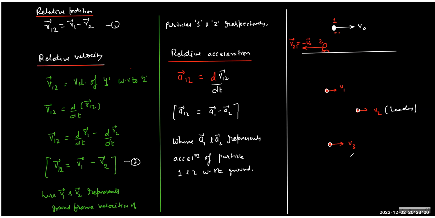So what will 2 see about 1 and 3? If 2 is my observer, the day you decide to be observer, you have nothing. Then this becomes a rest. And everything that you have, you will give it to others, but in opposite direction. And what other is having already, that is always there.